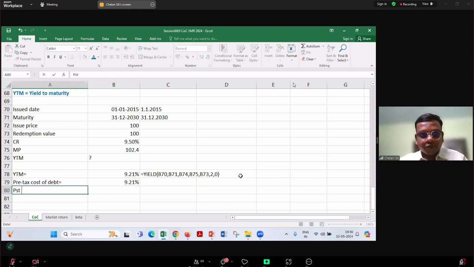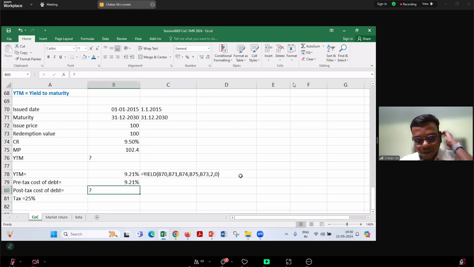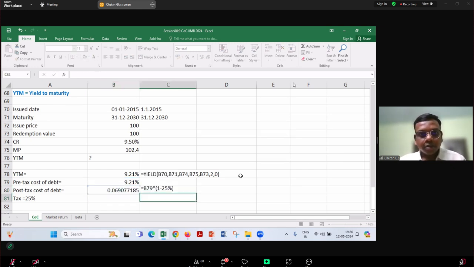Can you tell me how much is the post-tax cost of debt? If you know the tax rate in India, the corporate tax rate is equal to 25%. Can you compute the post-tax cost of debt now? It is equal to 9.21 multiplied by 1 minus tax rate. This is how we should be doing it. Can you do it quickly?